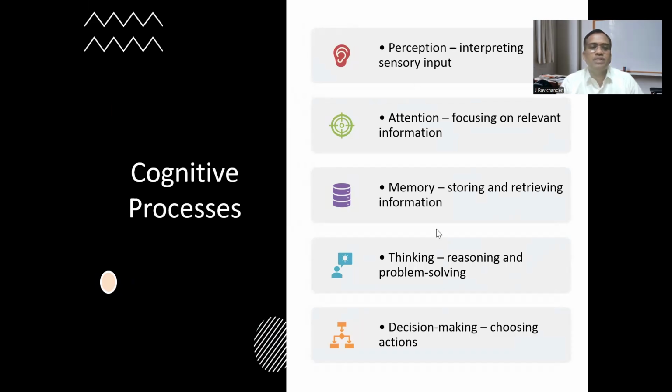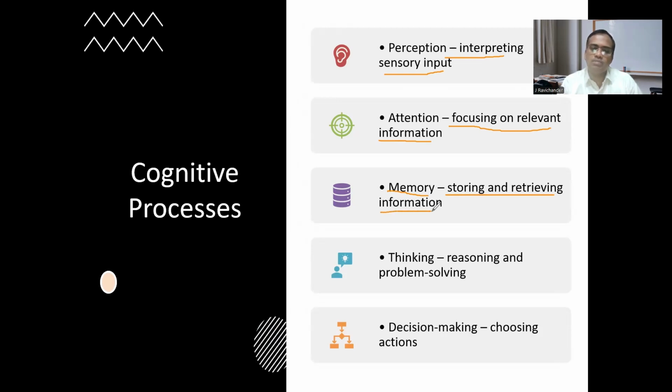What is meant by perception? Perception is interpreting sensory input. Attention is focusing on relevant information. Memory is storing and retrieving information.